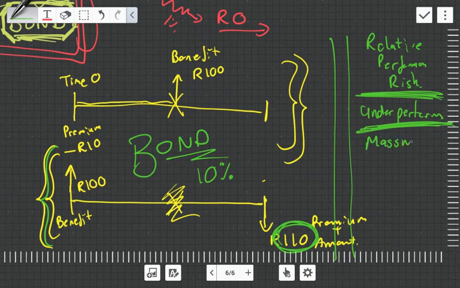I'm going to either get a massive return, in which case everybody is going to come and invest their money with me the following year, which means I can make even more money from my fees and everything. And if the bonds do blow up, well, I was underperforming anyway, so I was going to lose all my money. So it's kind of like, let's go for a Hail Mary, let's go all in. There's nothing much to lose.